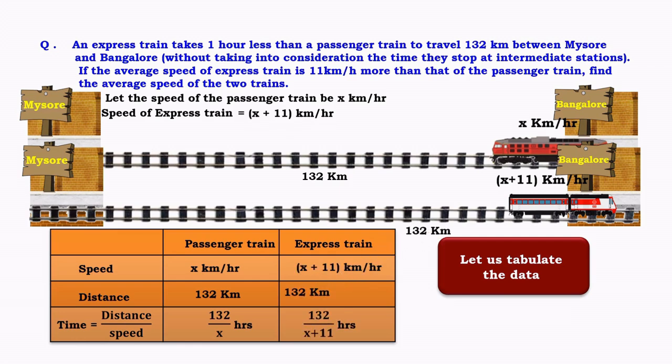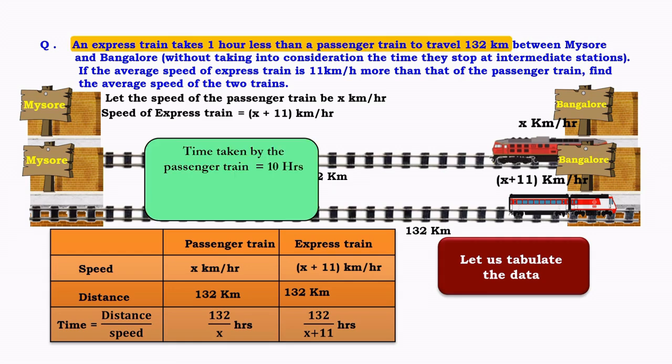The question also tells us that the express train takes 1 hour less than the passenger train. Therefore, time taken by the passenger train minus time taken by the express train is equal to 1 hour. Now we have all the information required to form the equation and solve for the average speeds of both trains.